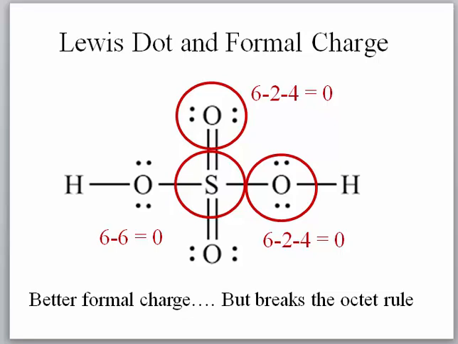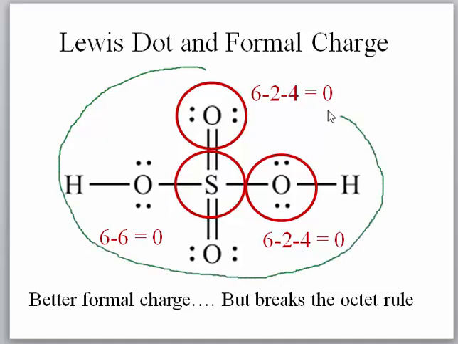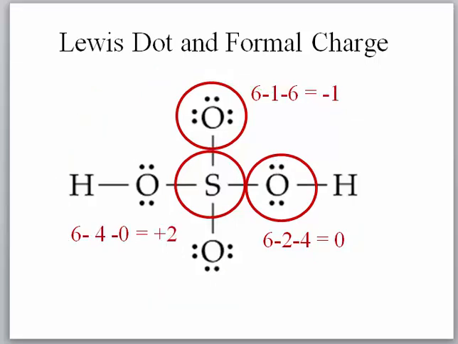Now let's be very clear. No one expects you to draw, by breaking the octet rule, something that has better formal charge. That's just not what we want. We would want you to draw the Lewis dot structure based exactly on what you would predict following the octet rule.